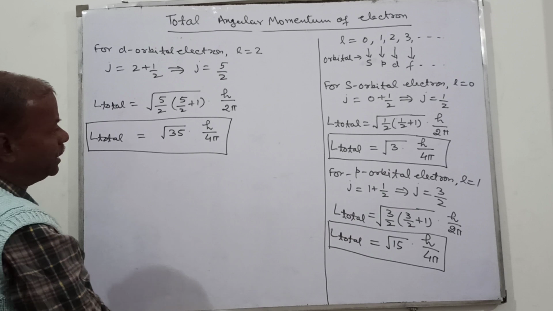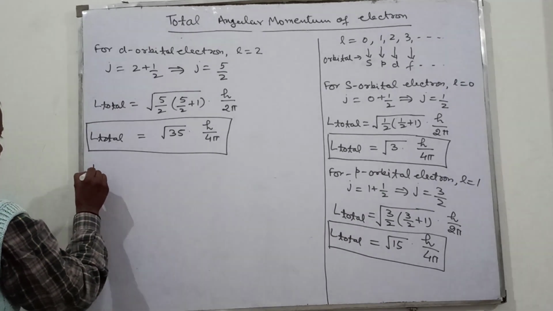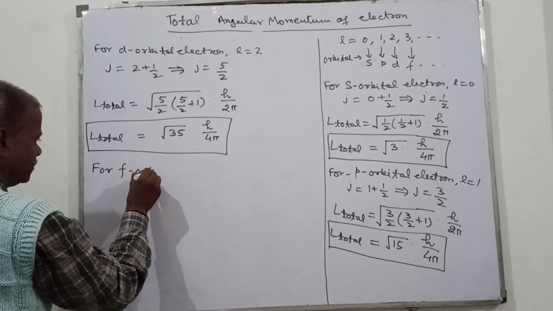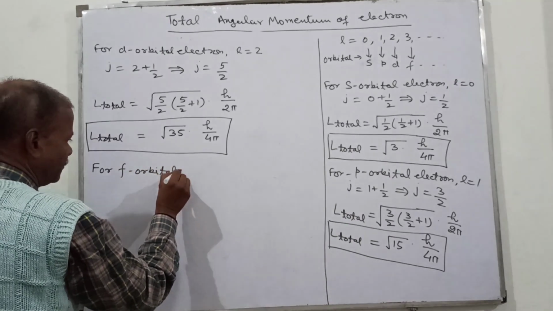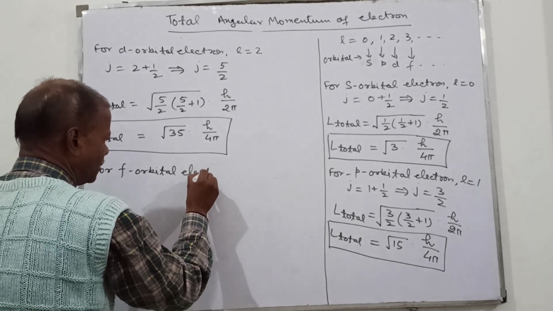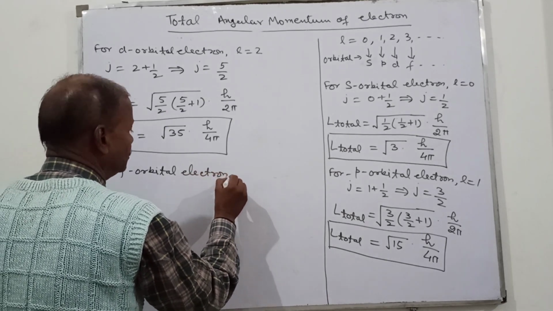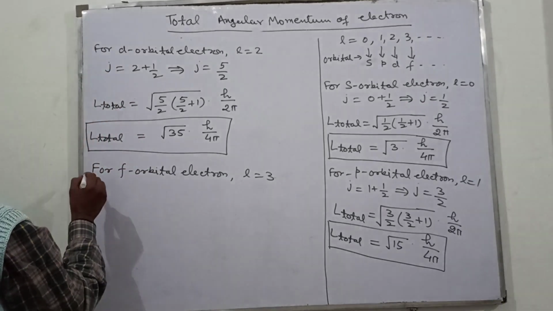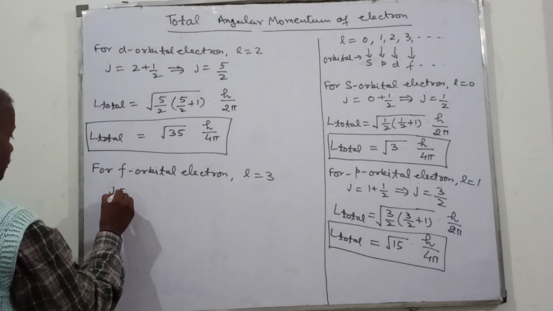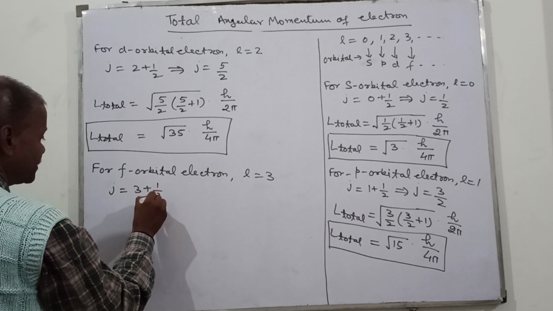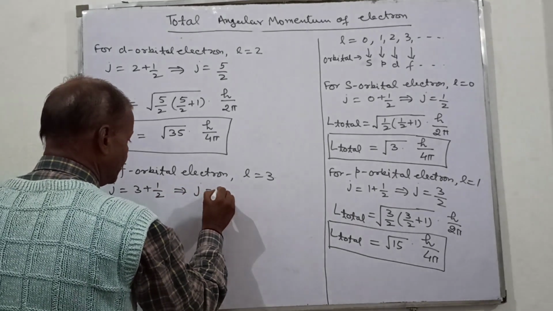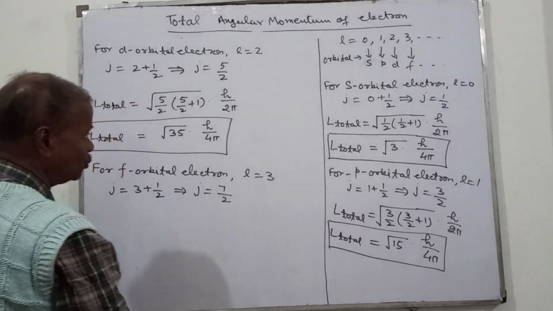And now for F orbital electron, L is equal to 3. So now J is equal to 3 plus half, so J is equal to 7 upon 2.